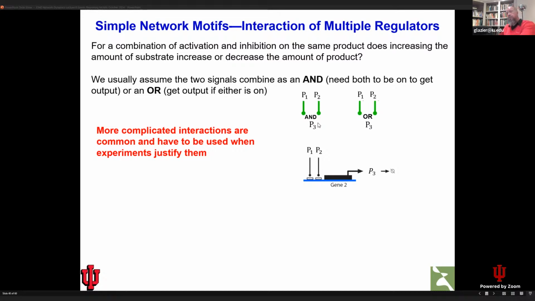Now, because of the way genes are regulated, typically the rate of gene transcription is either on or off. It doesn't care about how many regulators are bound to it. Sometimes it does, but usually it doesn't. And therefore, we have to have some way of combining these signals that's going to do that. It's also true that sometimes these things interact in complicated ways, and then you're stuck. You have to use that.